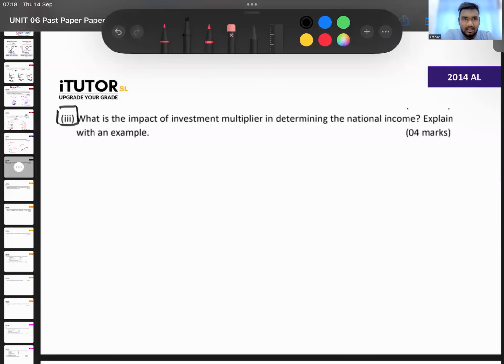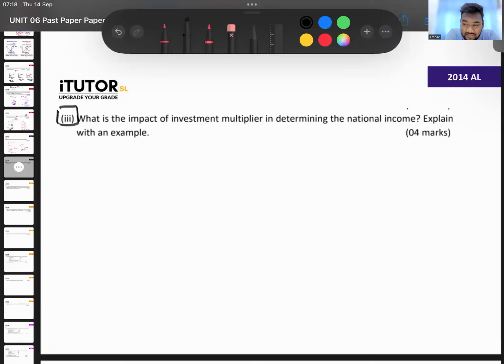You can start your answer with saying that when investment or any other autonomous expenditure increases, national income increases a multiple number of times. So for example, if investment increases by this amount, national income will increase by a certain amount, which is much greater than the increase in investment. Now, this relationship is shown by what?